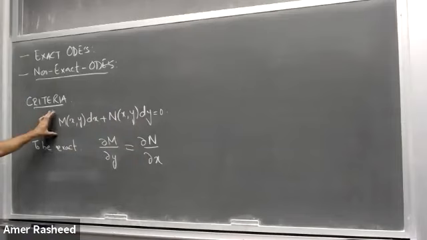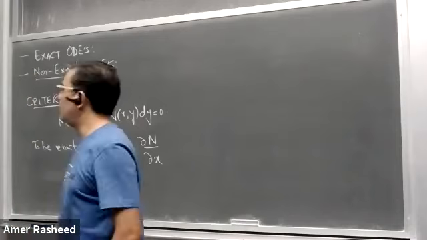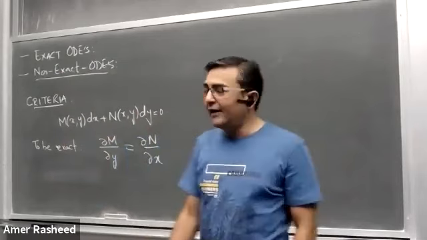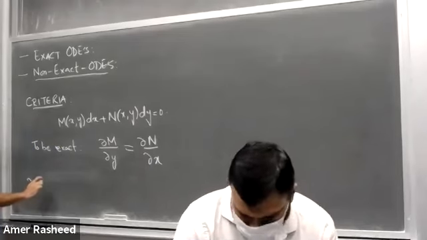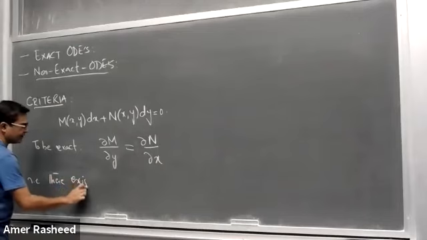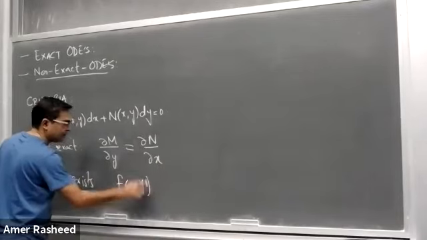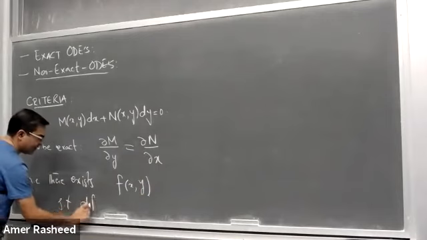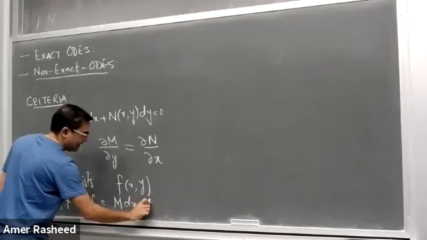If this is exact, then there must exist a function which is the exact differential of the left-hand side of this equation. That is, there exists a function f of x y such that df must be equal to M dx plus N dy.